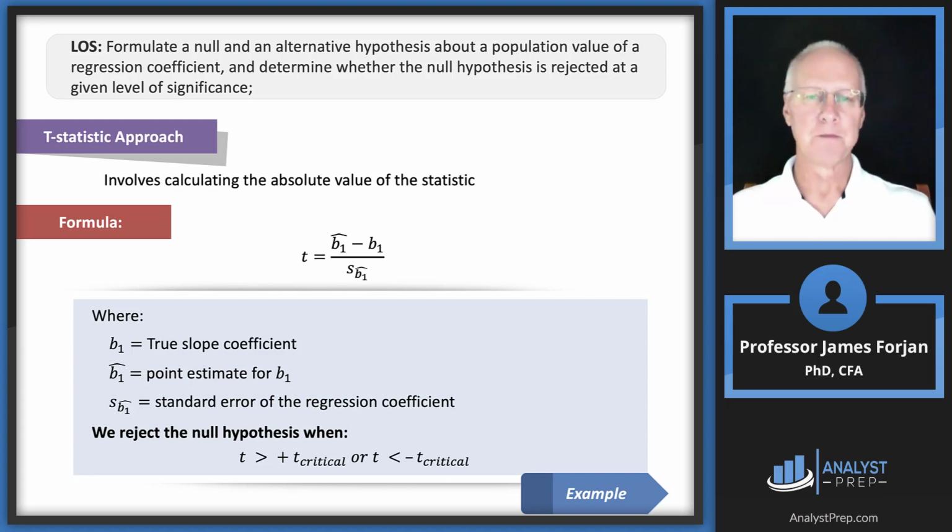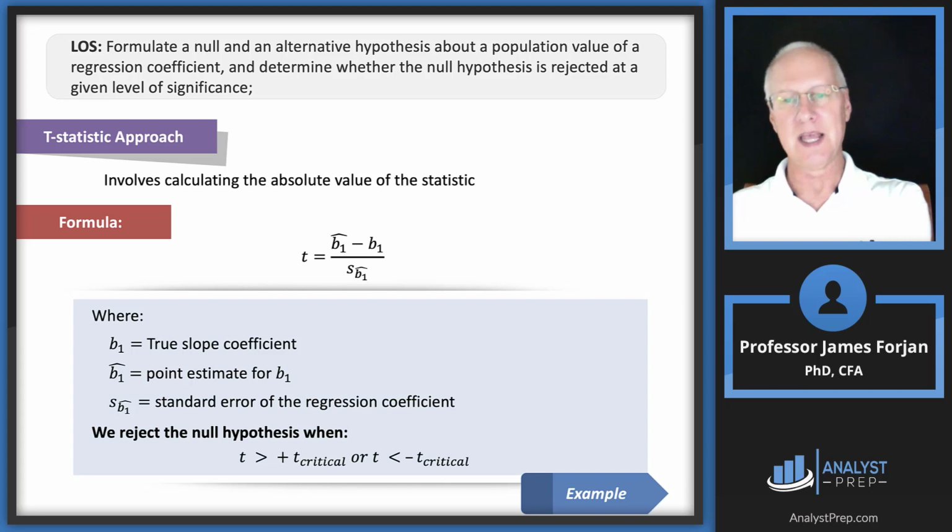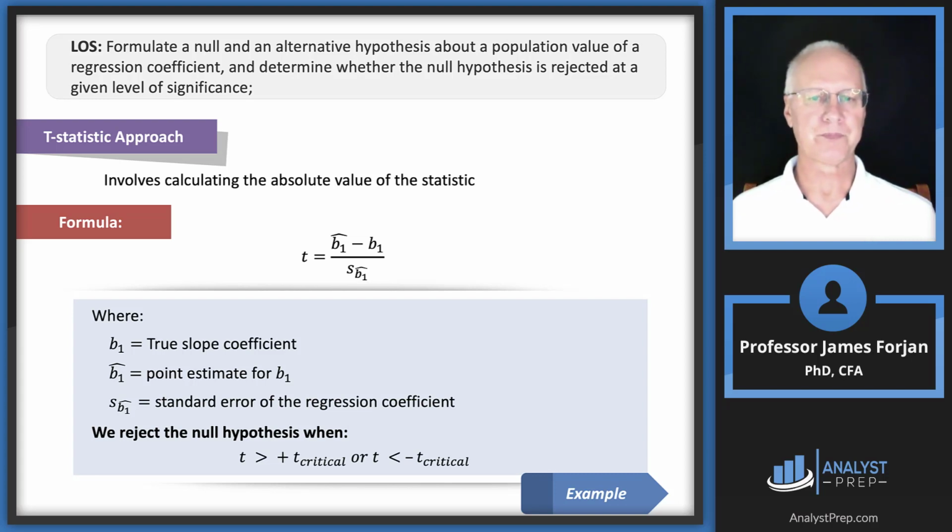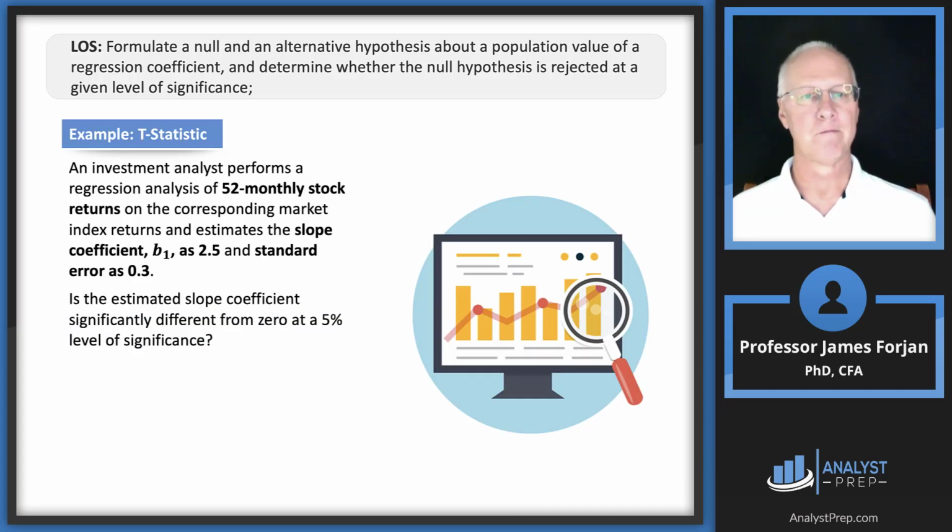But a lot of times, beta 1 is 0. We're testing the null hypothesis that it's 0, with the idea that we want to reject that null hypothesis. And then we're going to divide by the standard error of the regression coefficient. So this is another standard error that we need to worry about. It's the variability in the estimate for the slope coefficient.